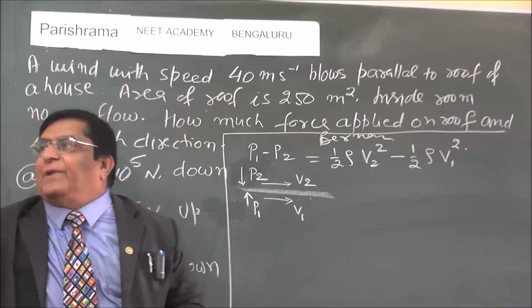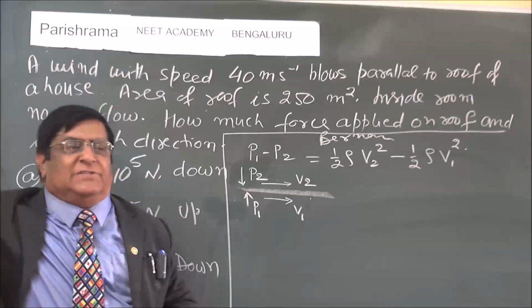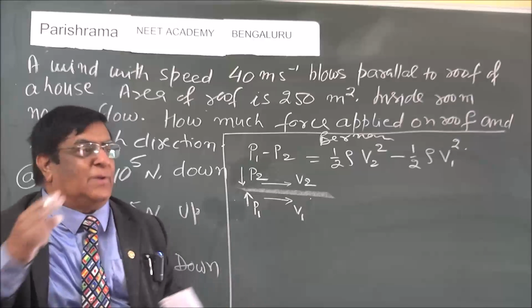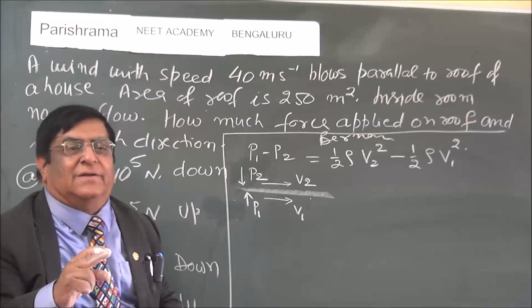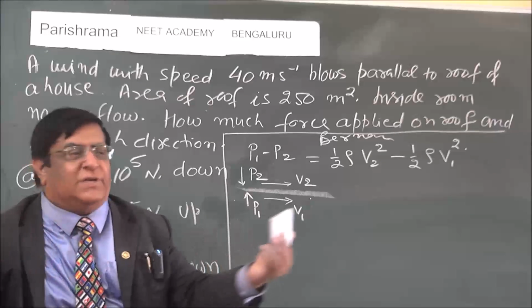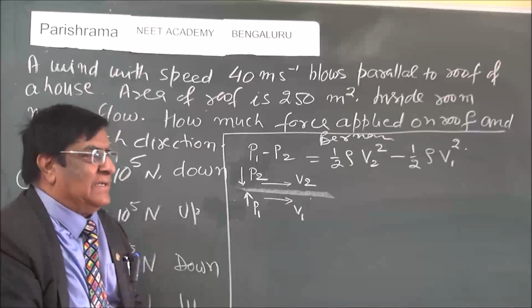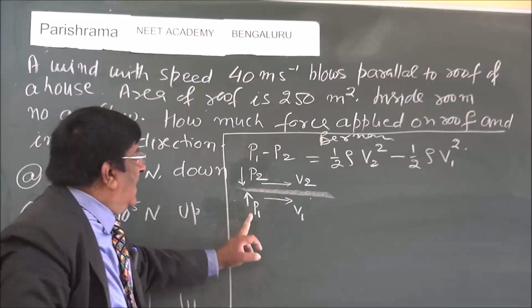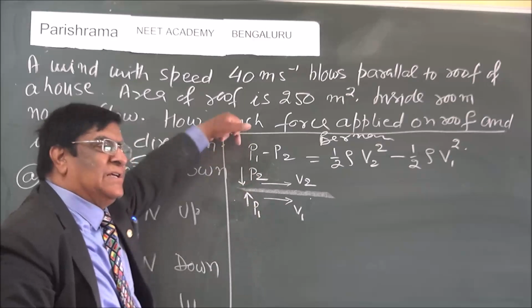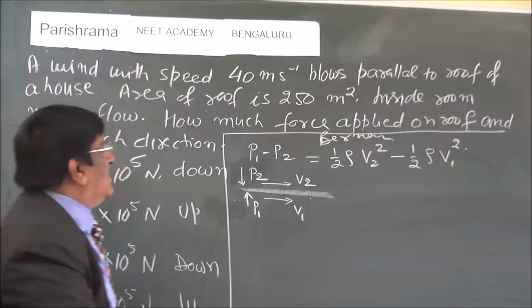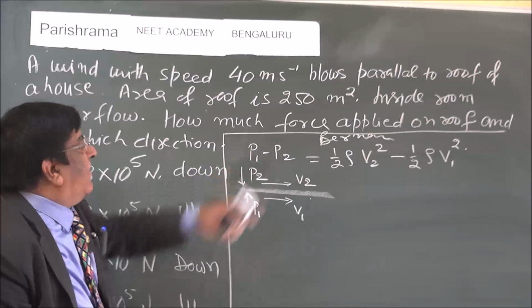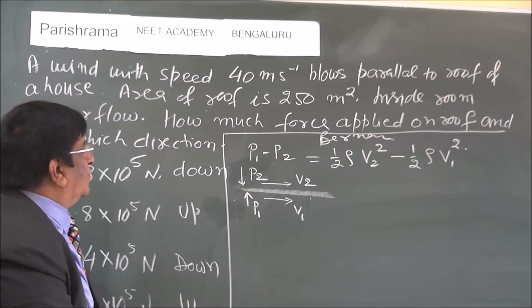What is the direction of pressure on this wall? This way. These are opposite. So the pressure always acts in the direction opposite to the contact surface. Right? That is why here pressure 1 is here, the pressure 2 is here. Okay. Now, this is our equation, pressure difference of the two.